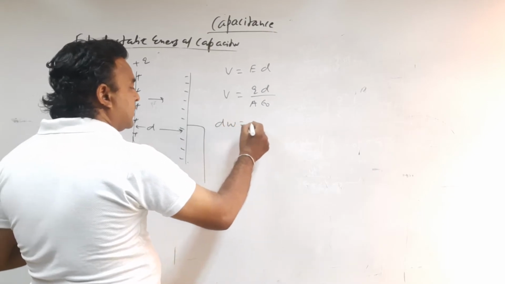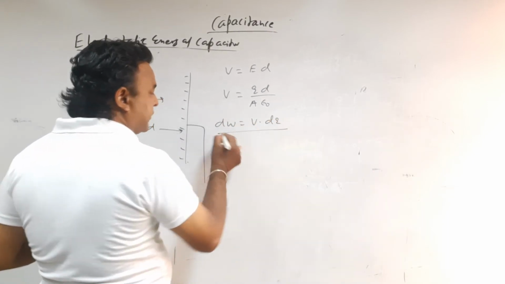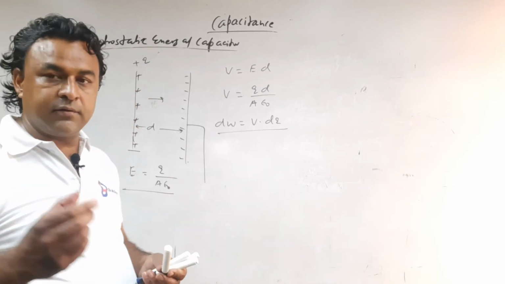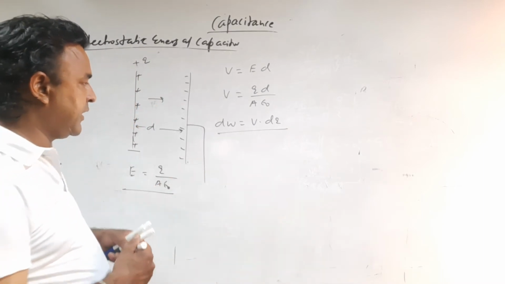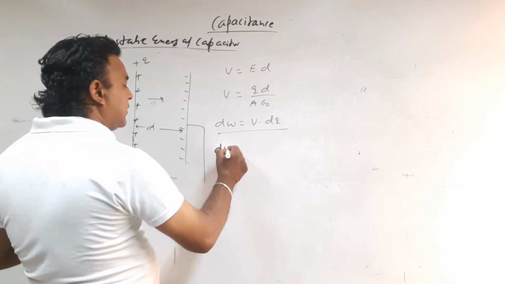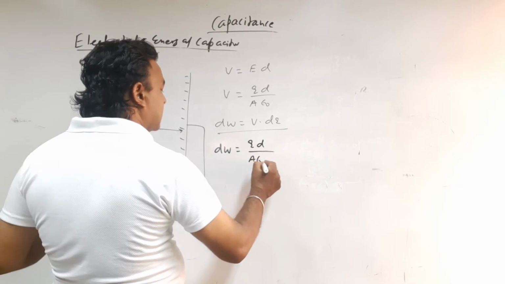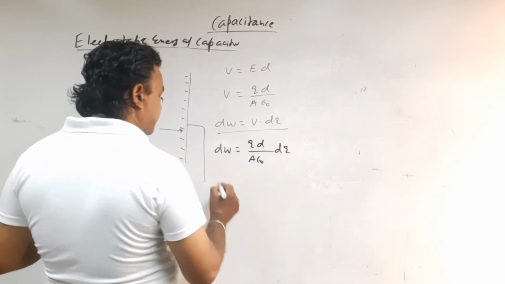dW is equal to V dq. If I place additional charge, then I will have to do additional work dW, which is V dq, that is Q d upon A epsilon naught dq.